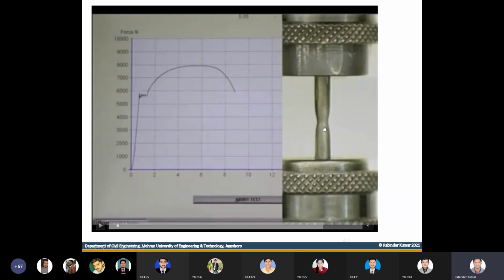When you divide the force by the reduced or final cross-sectional area, that is the true stress. And the true value is always higher because the area gets reduced here. The area will be smaller, so the value will obviously be higher. You just need to understand this test very carefully.